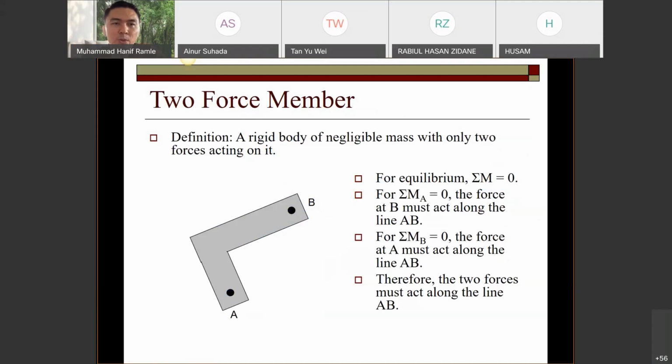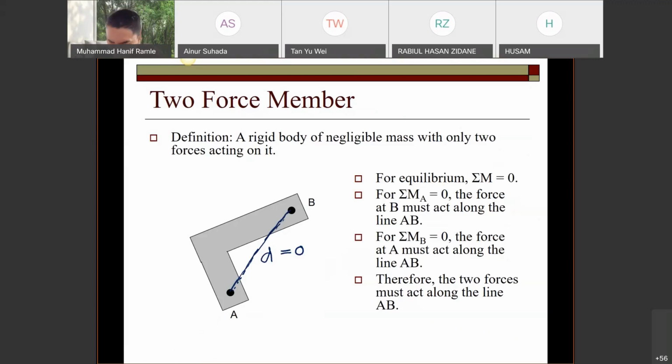So in that case, it is actually straightforward. The D value that gives zero moment must be along this line, and this D must be equal to zero.